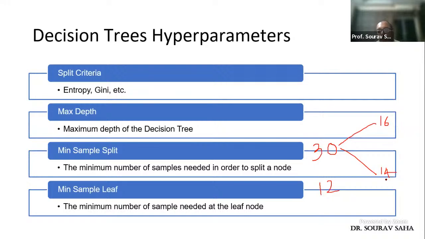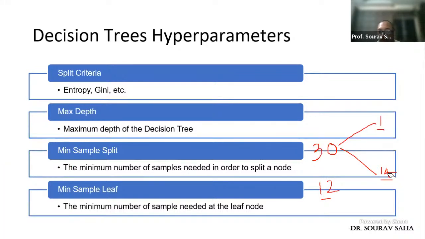This is 16, this is 14, so you can't further split them. This is fine. In terms of the minimum sample leaf, the minimum number of samples in a leaf node, that has been given as 12. So both of these are satisfied, right? This one is having 16, this one is having 14.